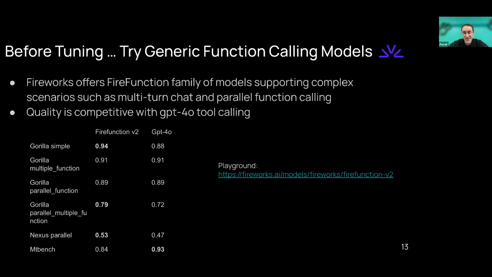Also, the model selection depends a little bit on the objective. If you are picking one of those first function call objectives, doing single turn, and you are okay with Python signature generation, you may want to pick one of the coding models.